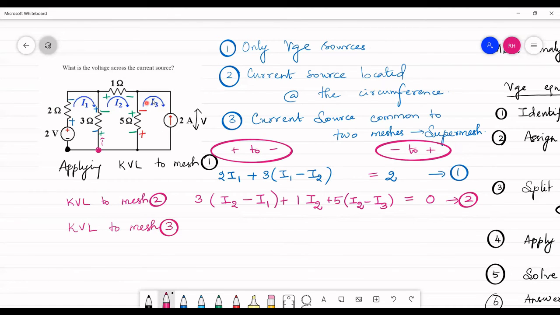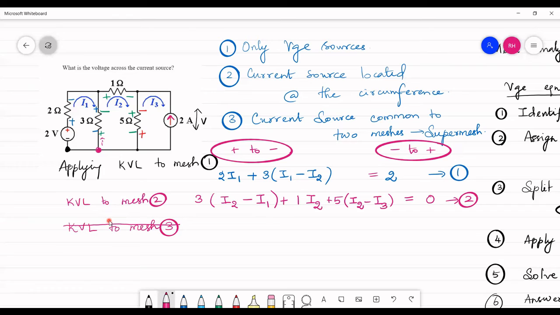Now, when I take a walk along mesh 3, the voltage across this element is 5 into I3 minus I2. But I said earlier, the voltage across a current source is a mystery till I solve the circuit, right? So it is not possible for me to apply KVL to mesh 3 because of this current source, and hence I have taken such circuits as a special case.